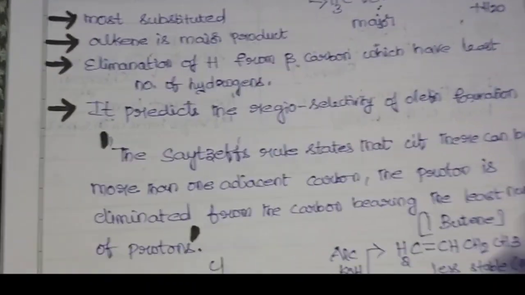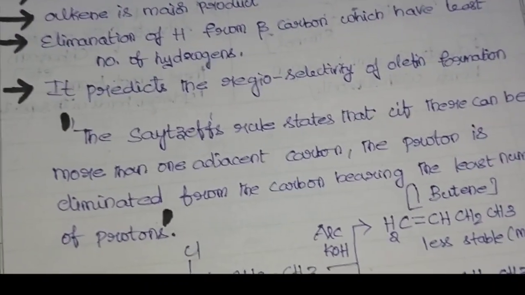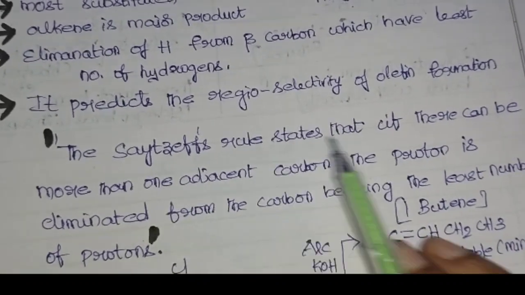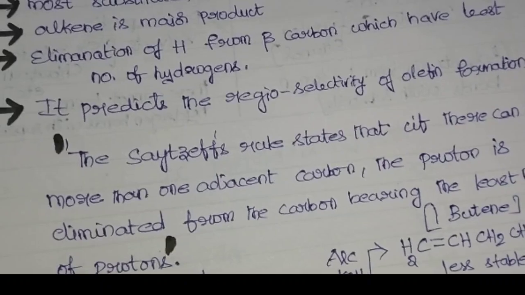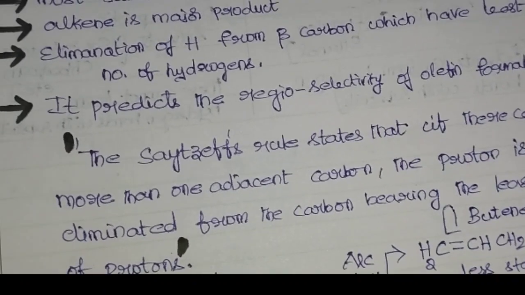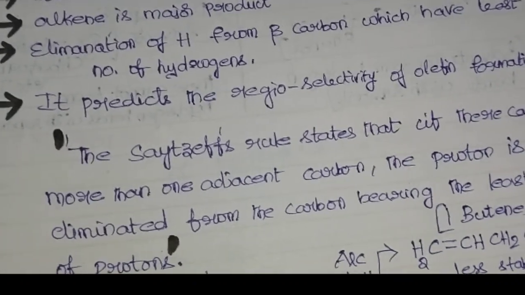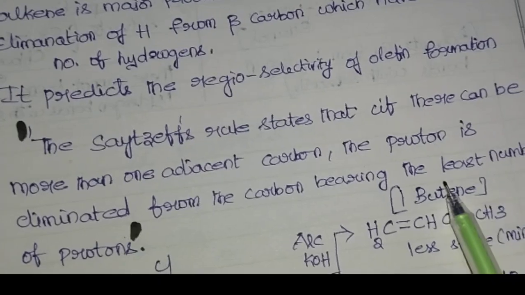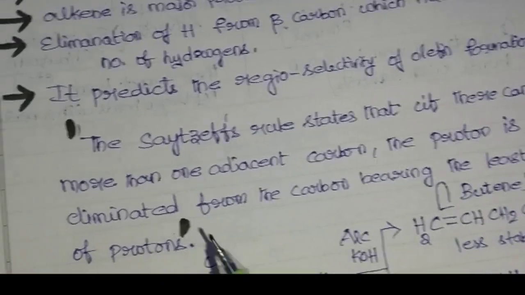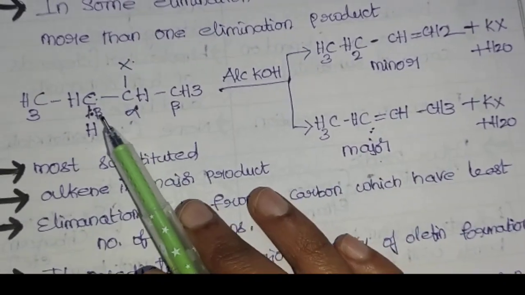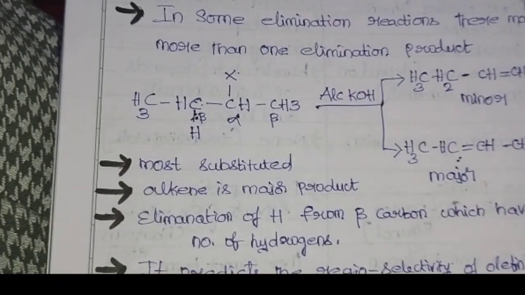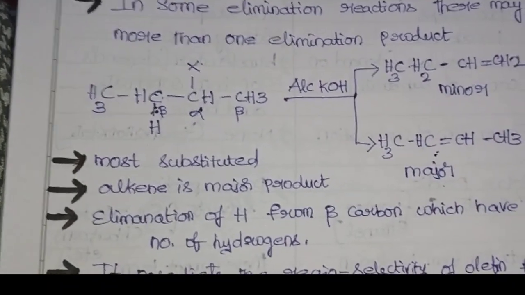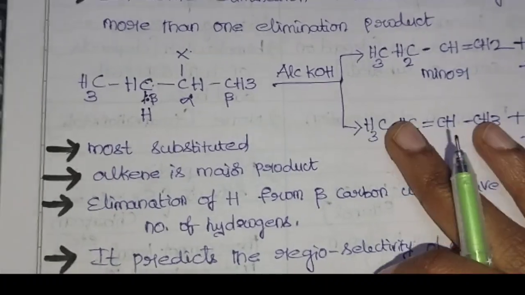We can define the Saytzeff rule like this: if there is more than one adjacent carbon to the alpha carbon, then the proton is eliminated from the carbon bearing the least number of protons. When the proton is removed from the beta carbon which contains the least number of protons, it is the major form.